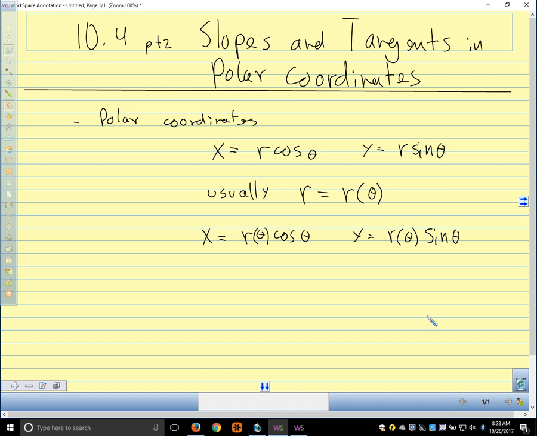We plug in theta and we get our x's and y's. And so what we're going to do today is use what we developed with parametric equations to come up with the slope of the tangent line of a graph represented in polar coordinates.